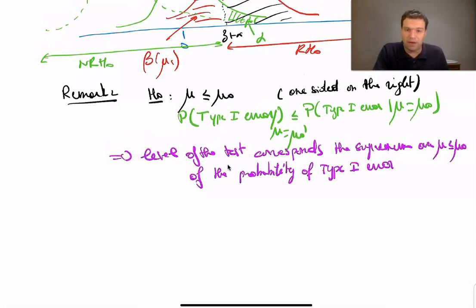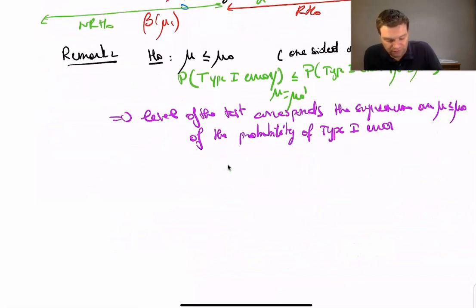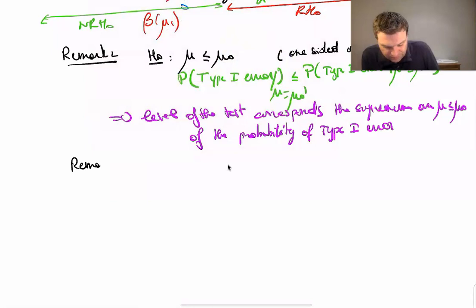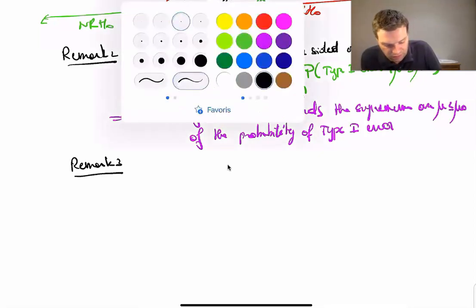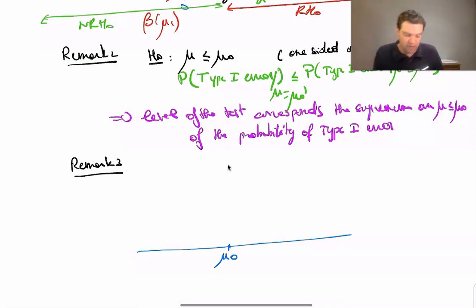We have talked about the power, and we have said in the case of a two-sided test, we have seen a power function which is like this. I'm not going to draw it again, but here in this situation, we are exactly at mu naught.